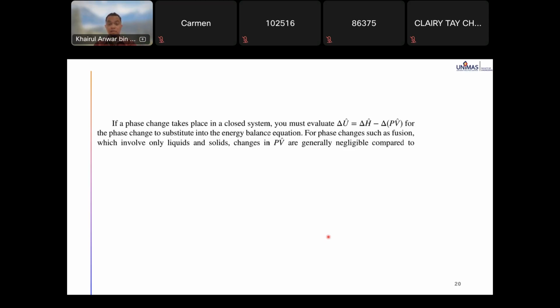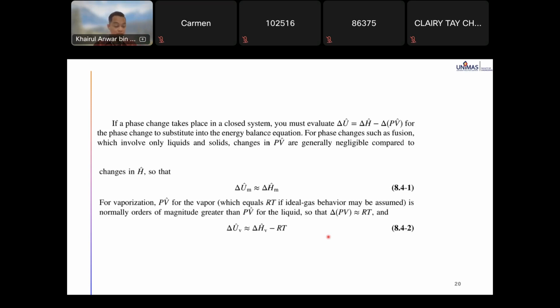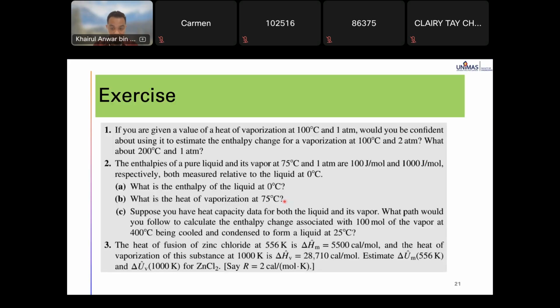For phase changes such as fusion, which only involve liquid and solid, changes in PV are generally negligible compared to changes in H.